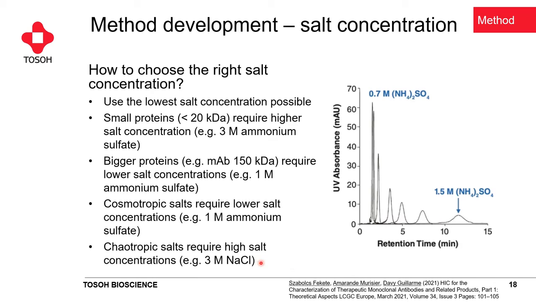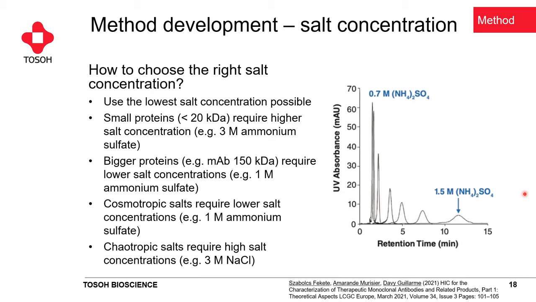And what impact the concentration of salt has is shown here in a publication that came out in 2021, where a separation was done on a monoclonal antibody and the salt concentration was increased. What you see is that the higher the salt concentration, the more retention and the later retention times you will get.